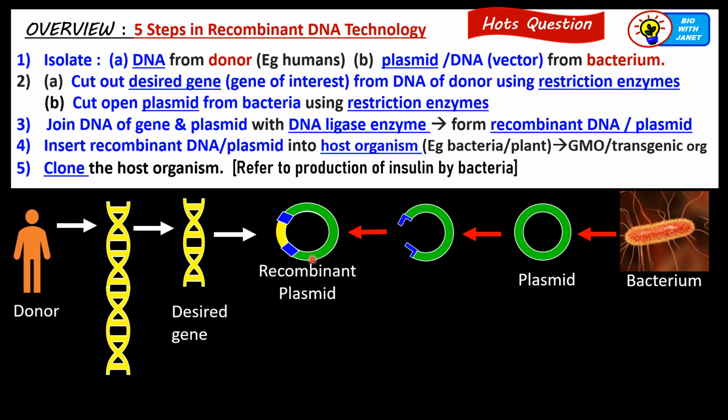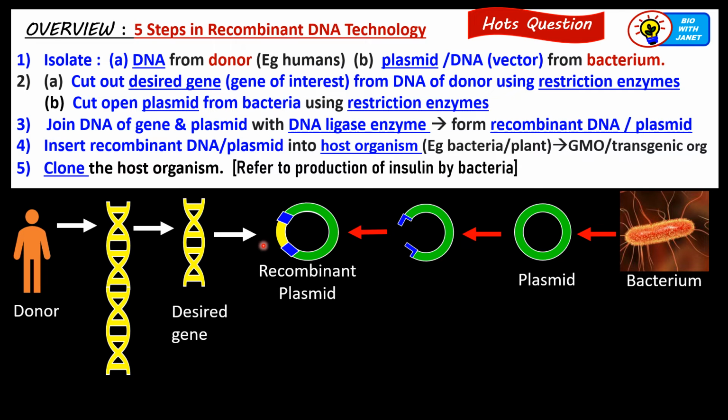So now this new plasmid with a new gene in it is called a recombinant plasmid, because now there are new combinations of genes in it, right? It's sometimes just called recombinant DNA, okay? Recombinant DNA or recombinant plasmid.